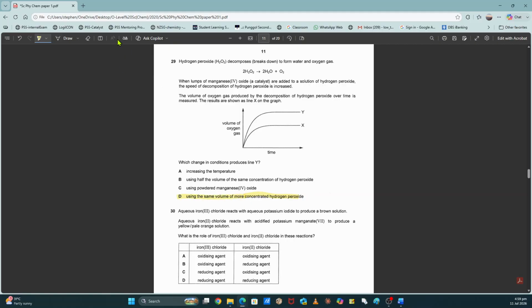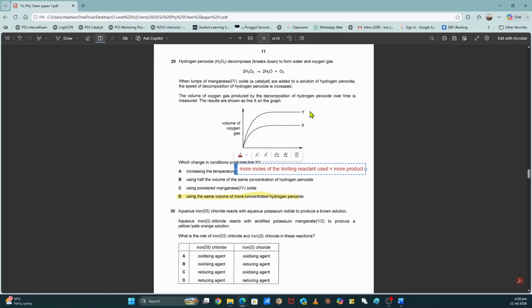Okay, so maybe you start doing it here. If you want to be more precise, it's more moles of the limiting reactant.